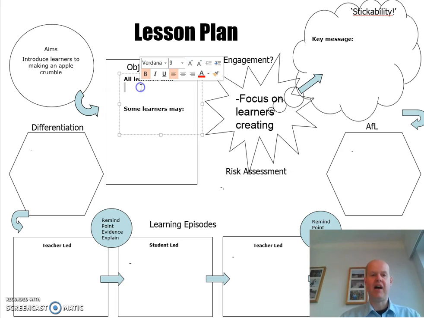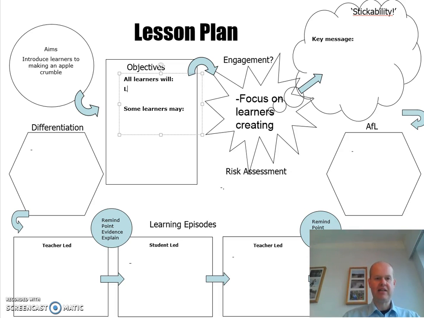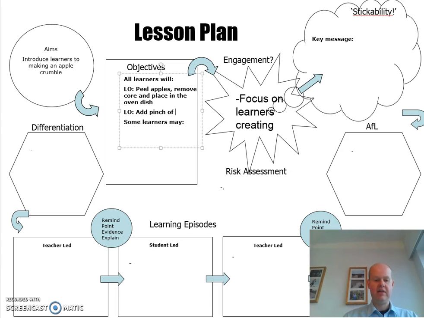The objectives are not generalised, they're specific and measurable. So my first learning objective is going to be peel apples, remove the core and place in the oven dish. The next one is going to be add a pinch of cinnamon and sugar.